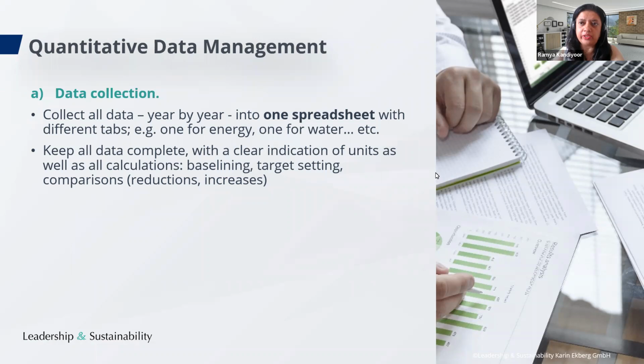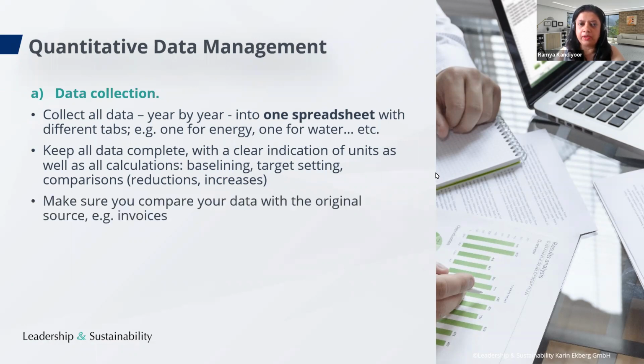This will definitely help you, because otherwise we have seen that during verifications we go from spreadsheet to spreadsheet, and sometimes there is a lot of confusion. So if this is all maintained in one single spreadsheet based on what you are reporting on the platform, it will help you immensely when you are progressing in your FEM year on year.